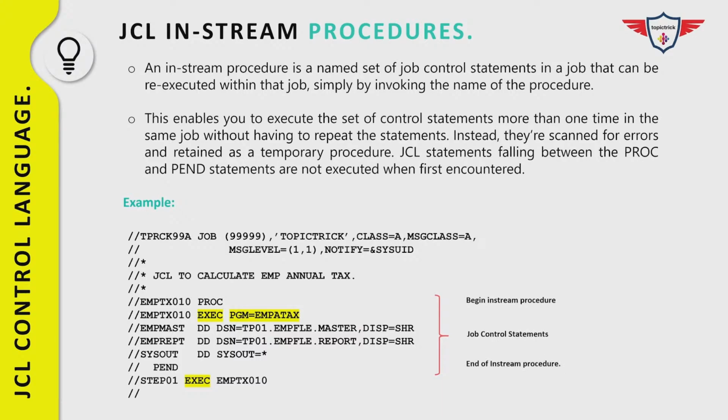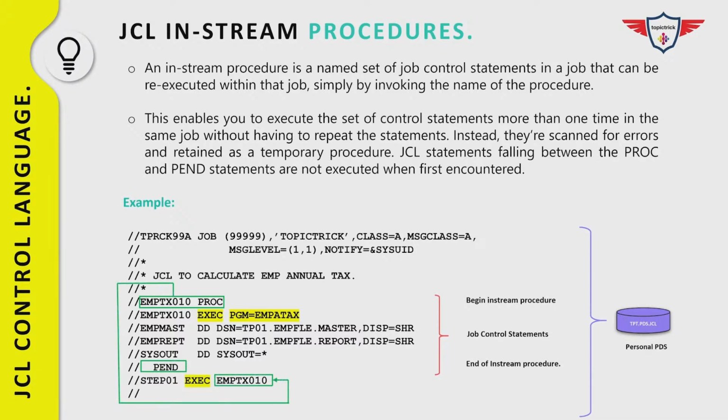After that, you have an in-stream proc, and the proc begins with a name and a PROC keyword. And always remember that you should have a proper name for a proc, otherwise you will not be able to invoke it in your JCL. After that, you have a couple of job control statements, that is an EXEC statement to execute a program, that is EMPATAX.